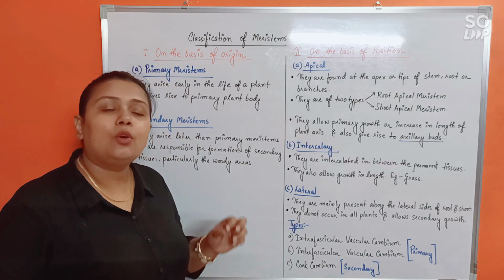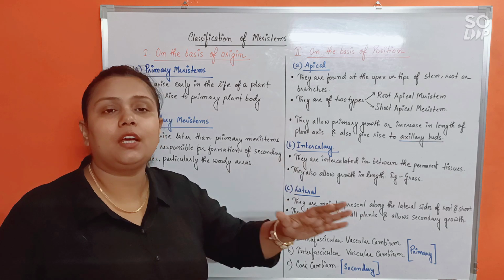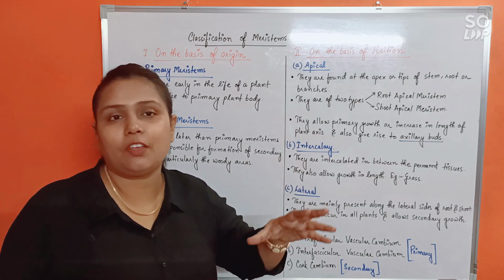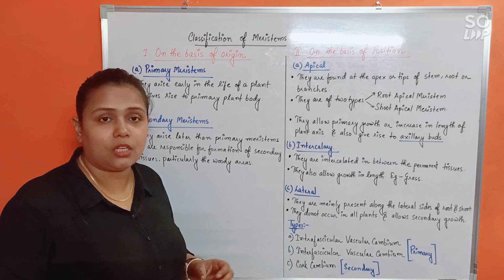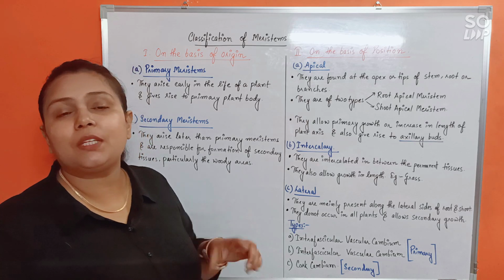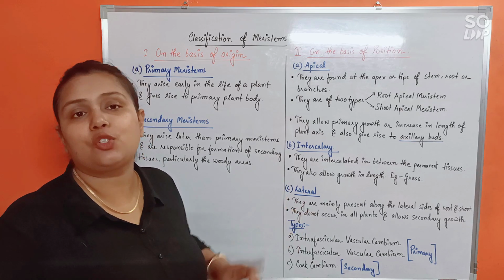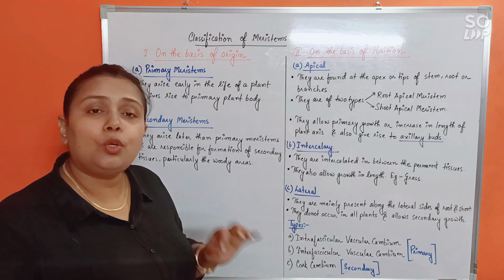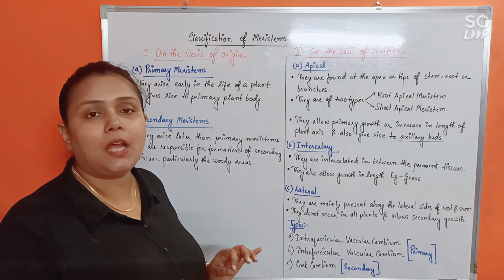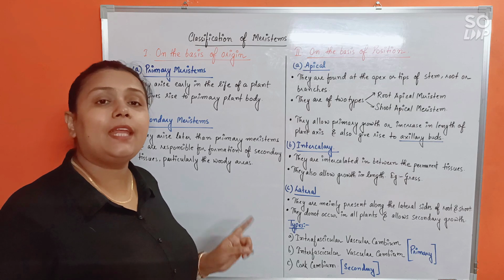No, right? Wood will start forming only after a specific growth phase has been reached. A plant, after growing up to a particular limit only, will start showing wood formation. So wood formation occurs completely with the help of secondary meristems.